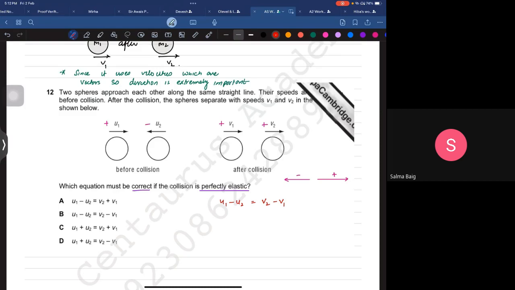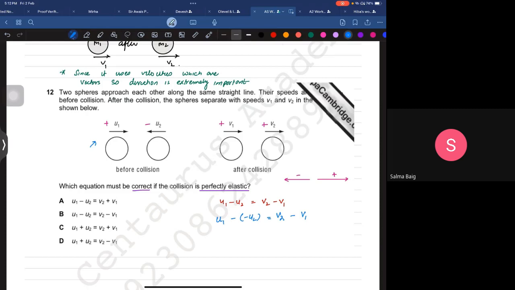Now, you need to apply these velocities with their respective directions. For example, u1 is positive, so I write u1. Minus u2 is negative, so I put negative u2, equals v2 positive and v1 positive. We put it in the equation.